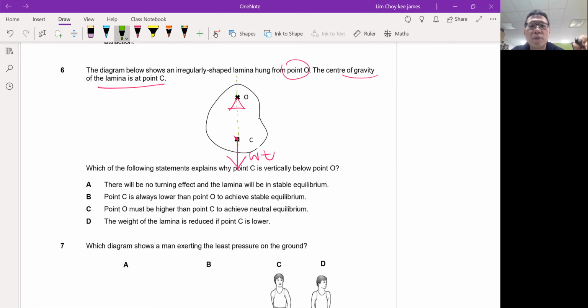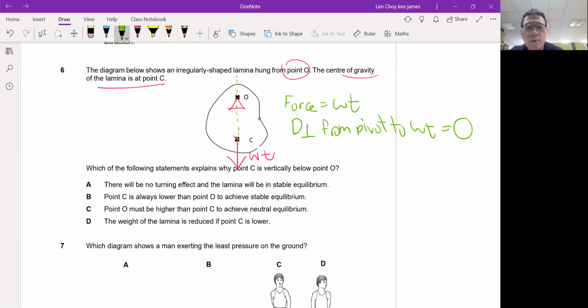So at this moment I have the force, which is the weight. But the perpendicular distance from the pivot to the weight is actually 0, because the line of action cuts through the pivot itself.